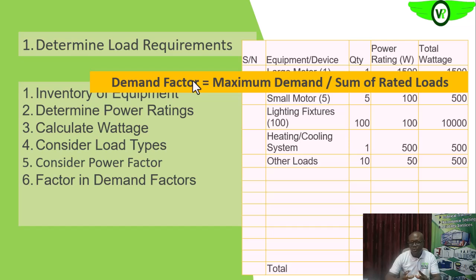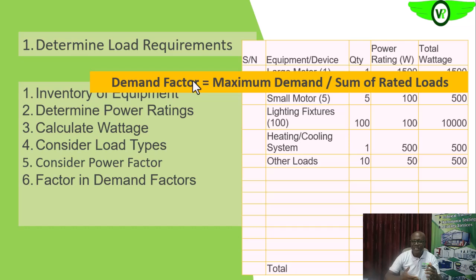So we want to know the time that majority of the load will be on. At that time, we want to determine the maximum demand, that is the maximum wattage load on the system.